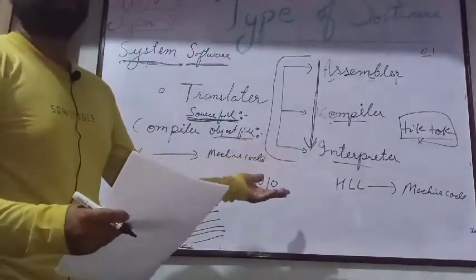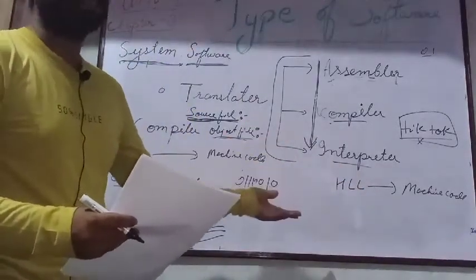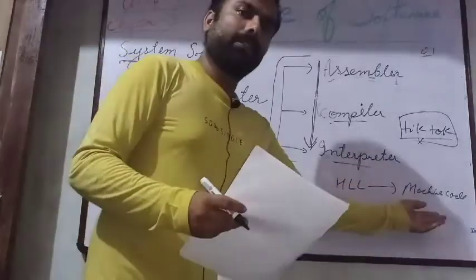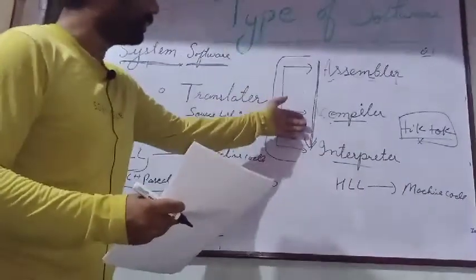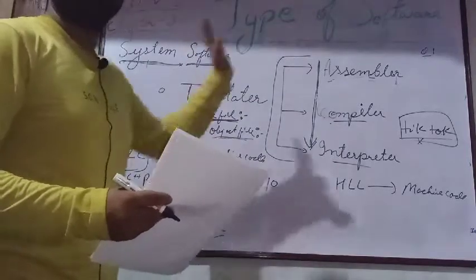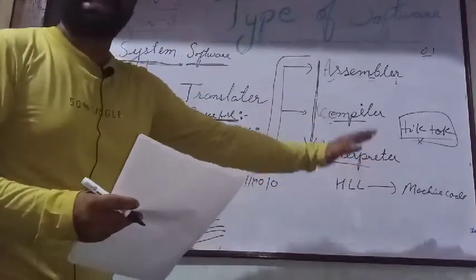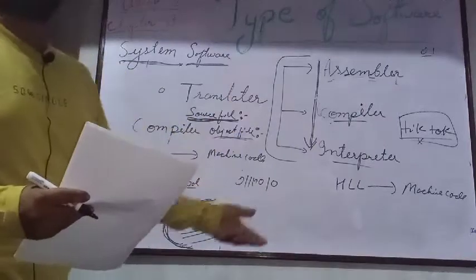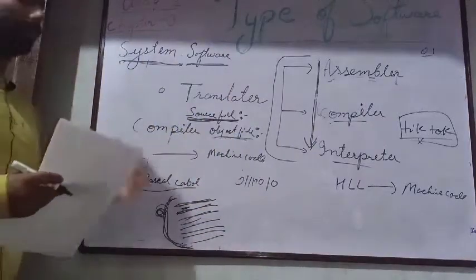So all information should be understood by the computer machine, and that language is different. So it is the responsible software that converts your programming language to the language known to the machine, and then the machine will work over it and give you the output.